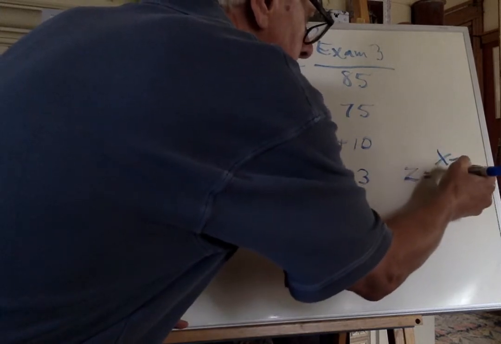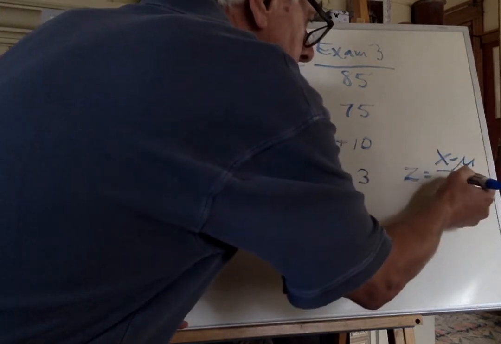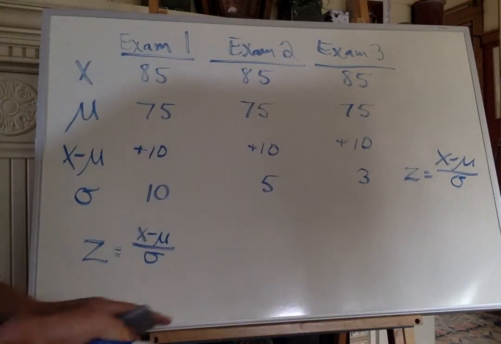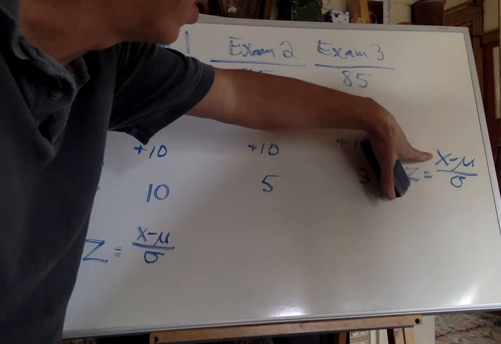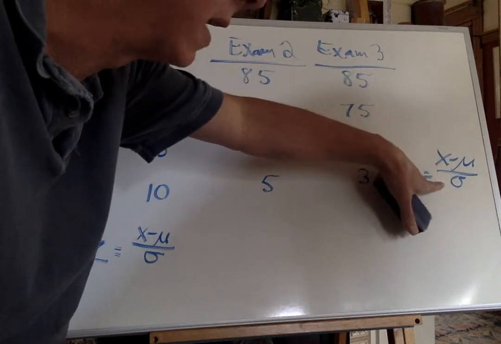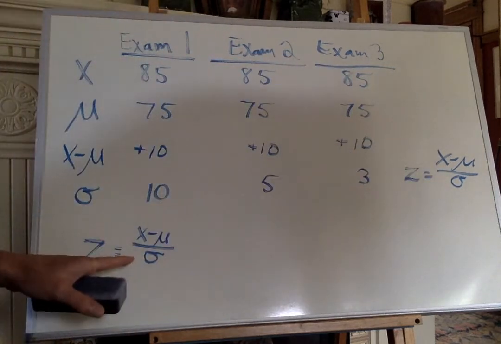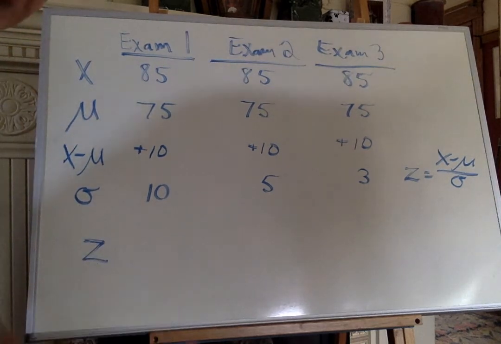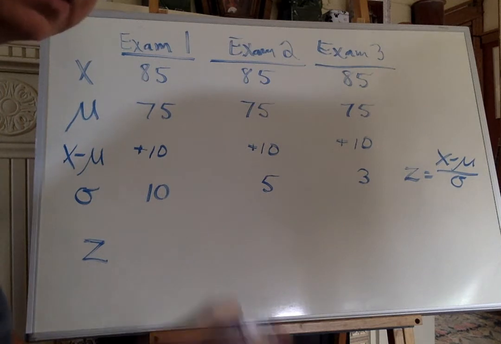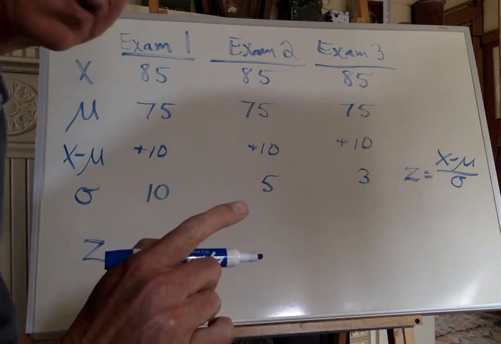How do you compare to the mean? So this gives us our deviation score. Then I'm going to compare that to the standard deviation. It tells you how many standard deviations away from the mean you are. Not how many points.